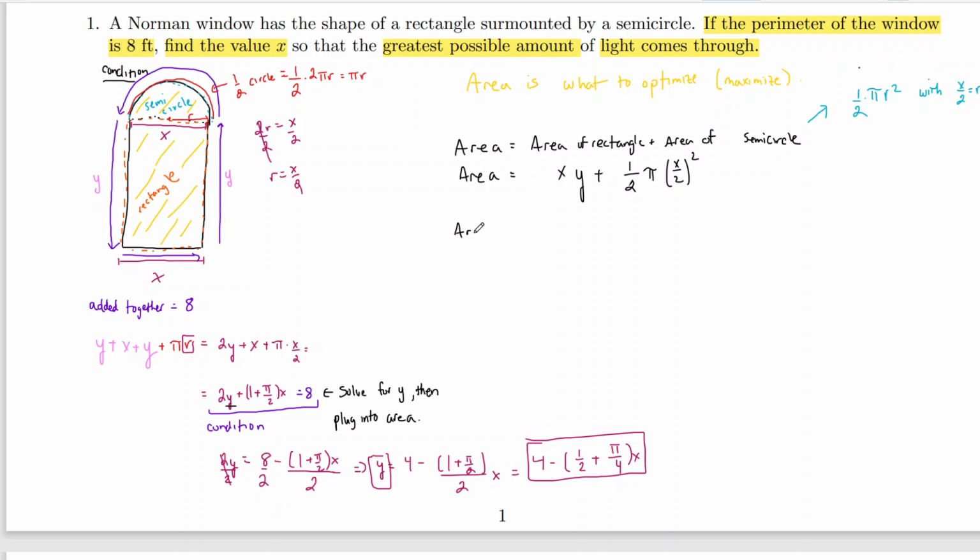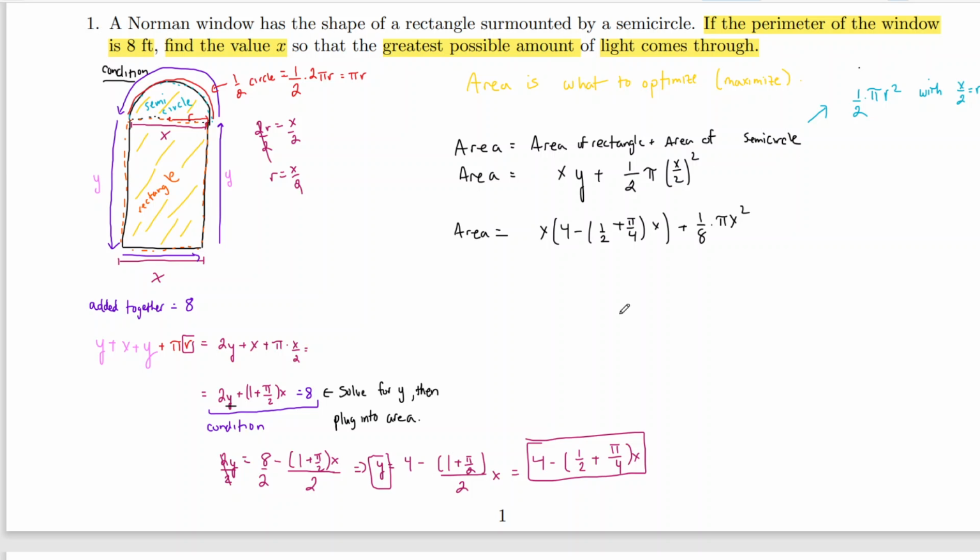So we have the area equals x times, and then in parentheses, 4 minus 1/2 plus pi over 4 times x. And then plus, and then this thing we can square out the x over 2, so we get x squared over 4. Since we have a 4 here and a 2 here, become 1 over 8 times pi x squared.